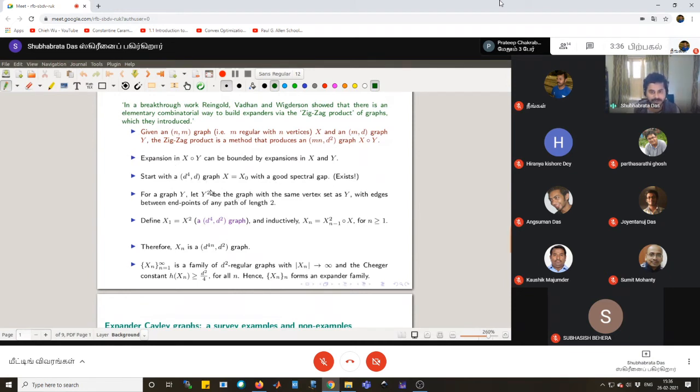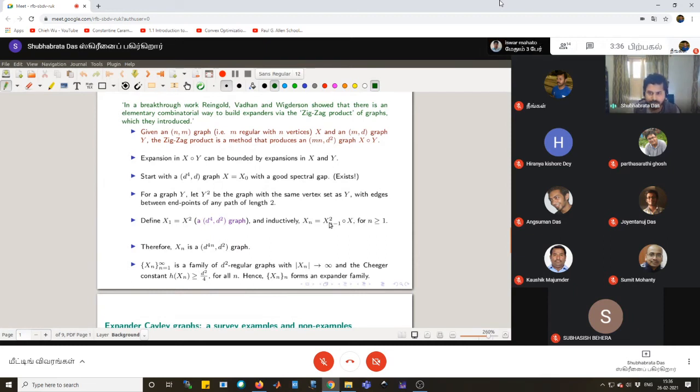Then inductively, x2 would be x1 squared composed with x naught.